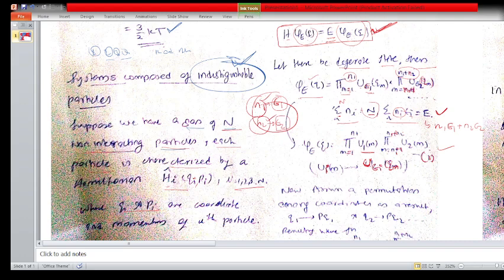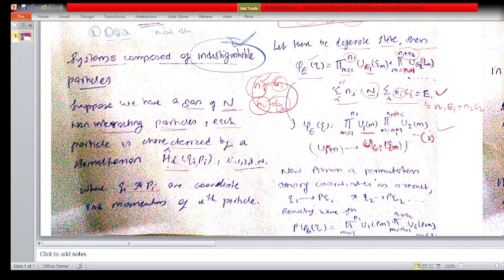Now let us assume a permutation among coordinates. I hope you know permutation: if you have 1, 2, 3, you can change the position. If you apply some permutation, let's say on 1 and 2, changing 1 and 2, you will get 2, 1, 3. That is a permutation.